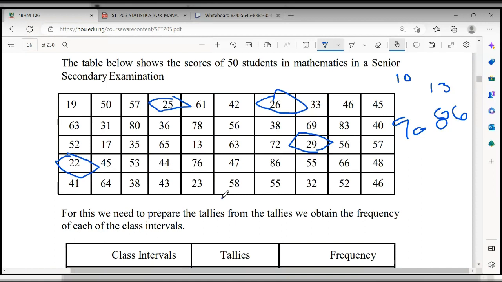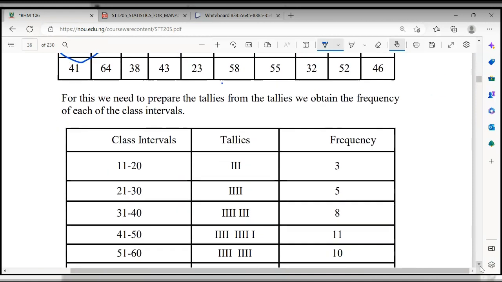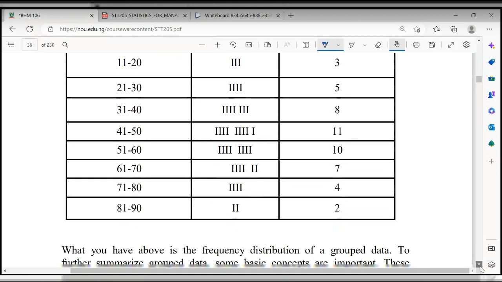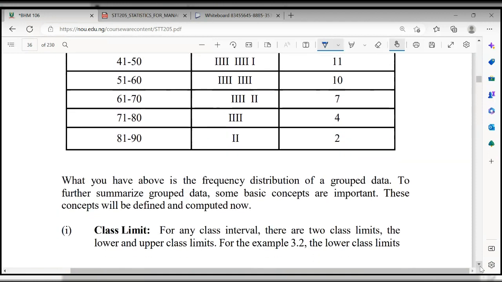Those are the ones between 21 and 30: 4. You keep doing it for each of them until it's completed.